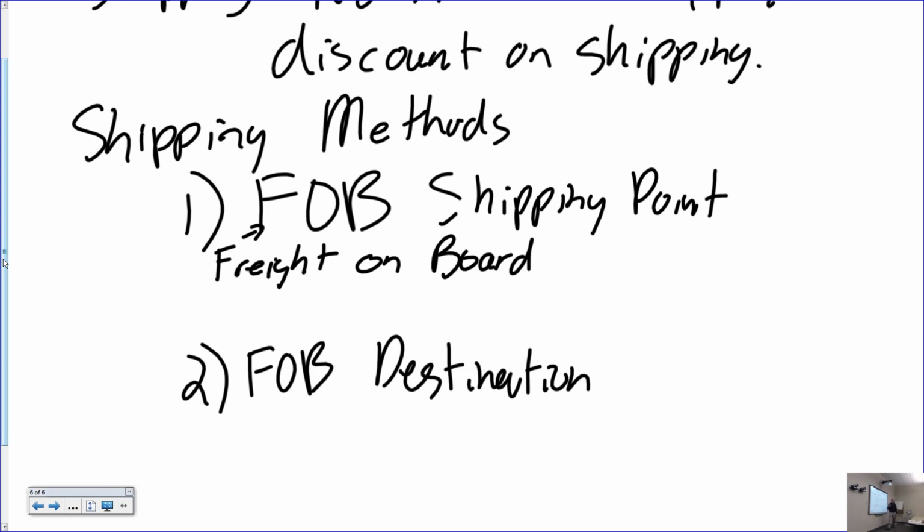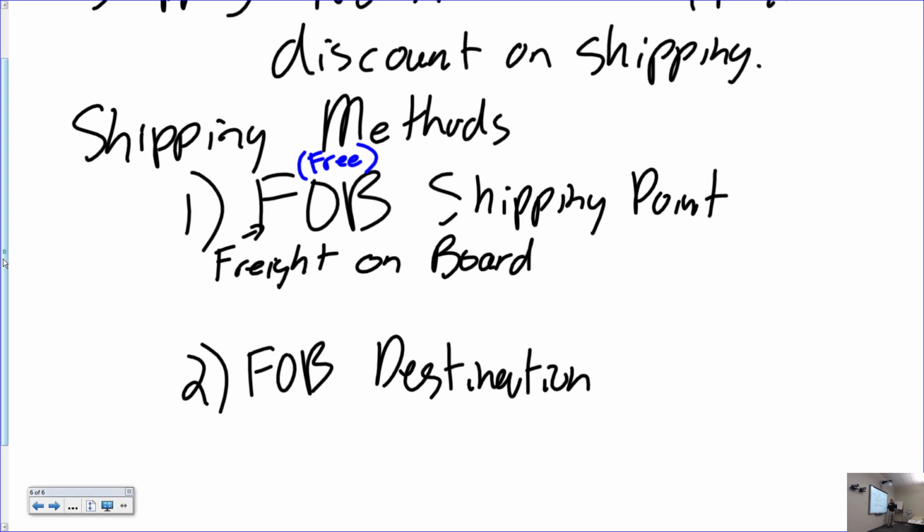But what I like to tell students is that if you change the words just a little bit, it'll actually tell you who's paying. Okay? Don't think of it as freight. Think of it as free. And that will tell you who is paying for the shipping. If it is free at the shipping point, who pays for the shipping?